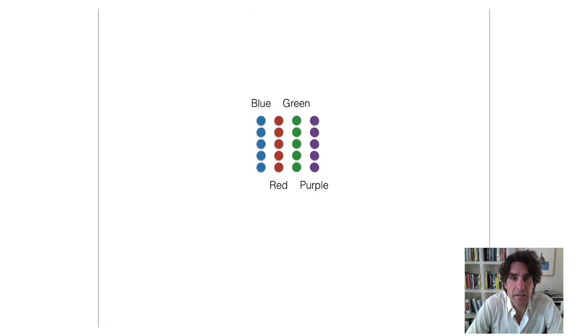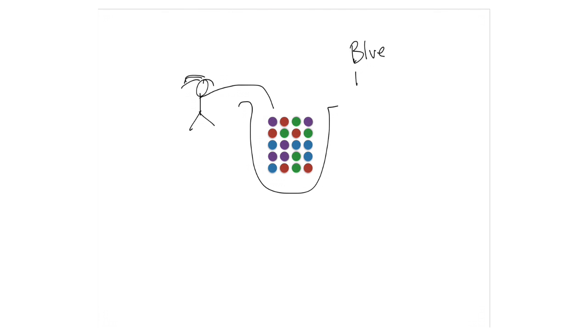Suppose that I have 20 candies in a jar, and each candy is one of blue, red, green, or purple. If I reach into the jar and pull out a candy, then what is the probability of obtaining a certain color? Well, I've got blue candies, red candies, green candies, and purple candies.